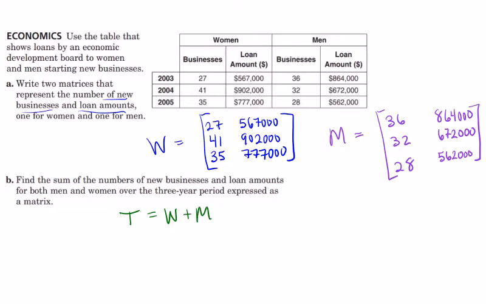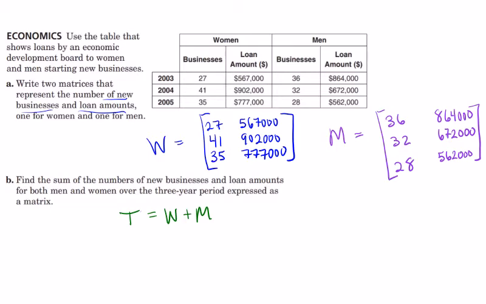Because of the properties of matrix addition, it lends itself to figuring out a total amount. We'll find the total number of businesses in 2003 and the total amount of loans they received for men and women, and the same for 2004 and 2005. So let's do that. We'll take these matrices and add them together.